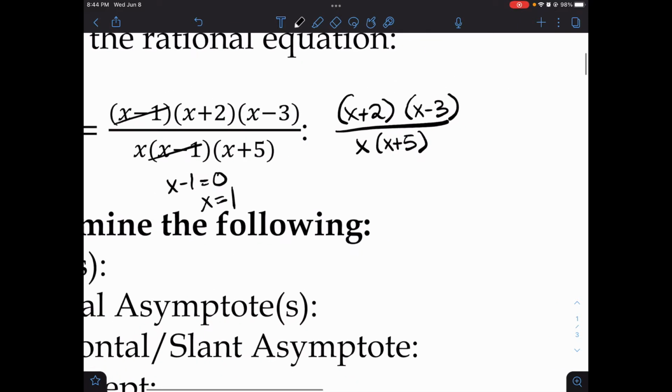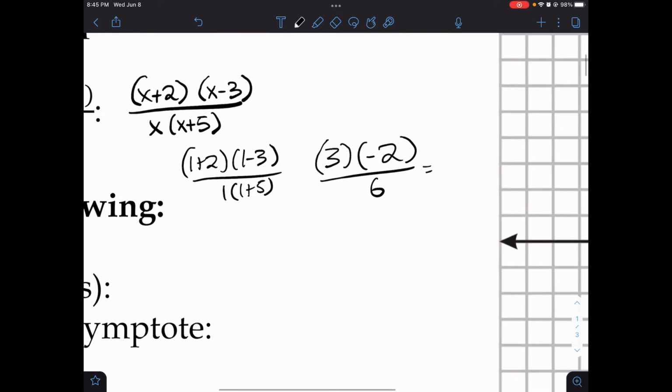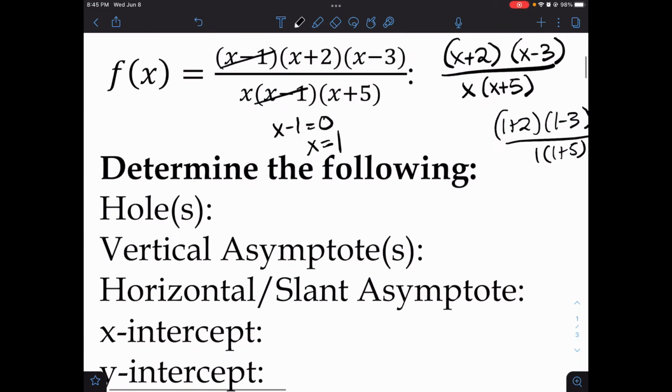So let's plug it in. 1 plus 2, 1 minus 3 over 1 times 1 plus 5. So we get 3 times negative 2 over 6, which is just equal to negative 1. So our coordinate of our hole is 1 comma negative 1.